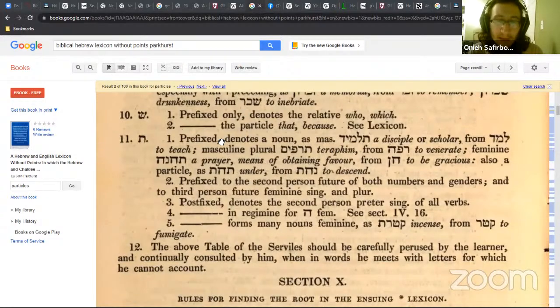It tells us of some examples where tav is a prefix to a noun, for example, talmid means disciple or scholar. It comes from lamid, which means to teach. That's the verb, to teach. So tav being added at the beginning is basically receiver of teaching, essentially.